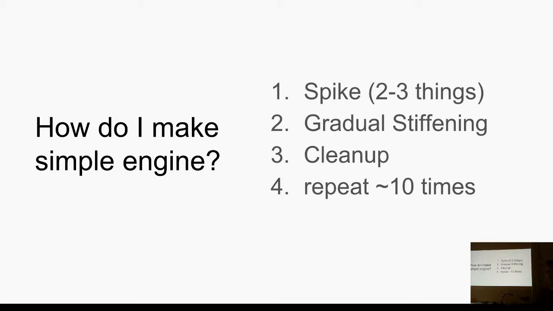Spiking is essentially you throw some code at the screen so it kind of runs. It doesn't have to run. And then you formalize those two or three things, and then you clean it up. And then you repeat it 10 times. We are going to do 4 iterations today, I hope.